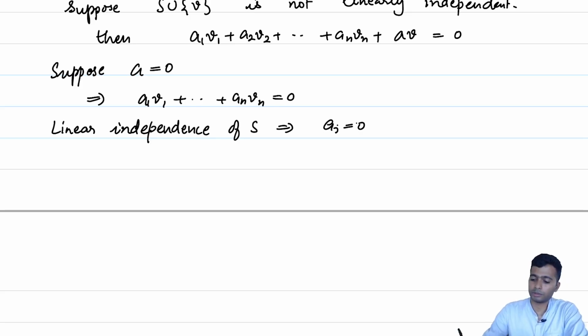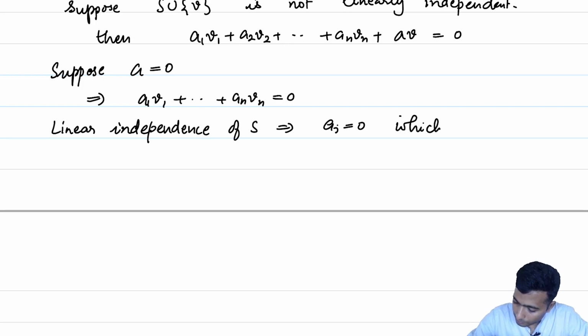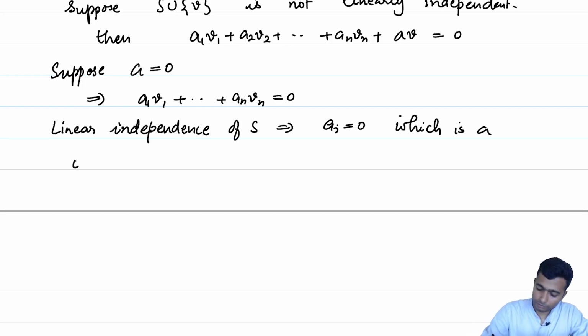But that is a contradiction to our assumption that S union V is not linearly independent. So, a cannot be 0, which is a contradiction. This contradiction has come up because we assumed a is equal to 0, hence a is not equal to 0.